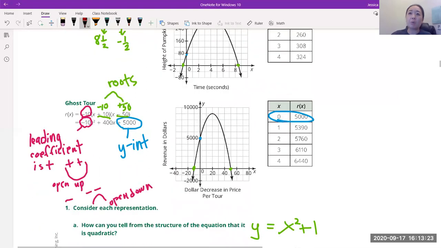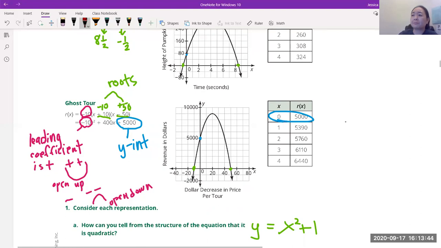The number in front, this is what I was talking about, the leading coefficient. The leading coefficient is the number that's in front of the variable with the highest exponent. If this squared was over here instead, then the leading coefficient would be 400, even though it's not in the front. It would not be in standard form, but it would still be the leading coefficient.